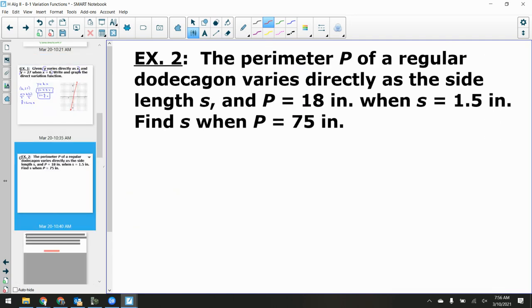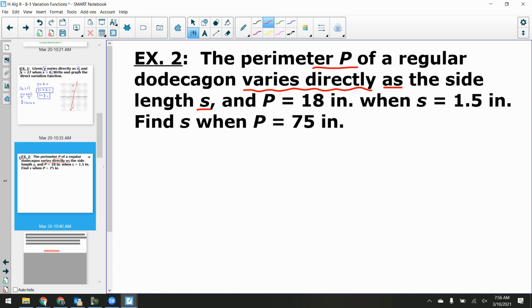All right, so how does this apply to word problems? Well, the perimeter of a regular dodecagon varies directly as the side length s. And p is 18 when s is 1.5. Find s when p is 75. All right, here's what I know. Look at our phrasing here. P varies directly as s.